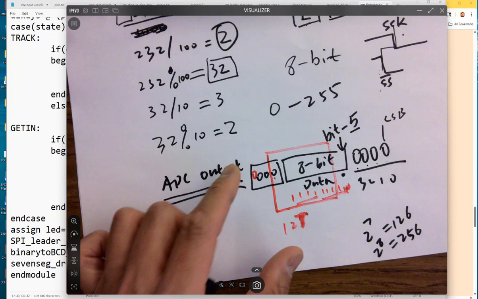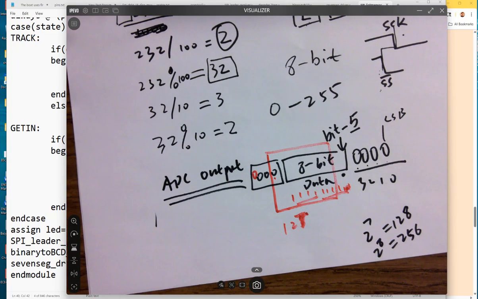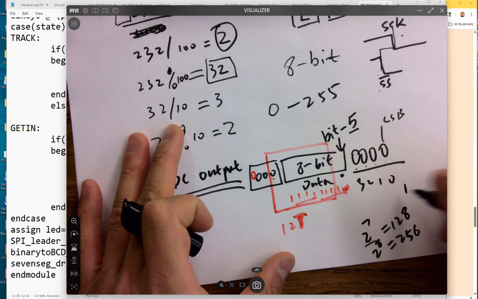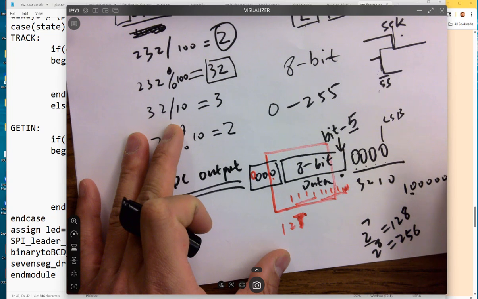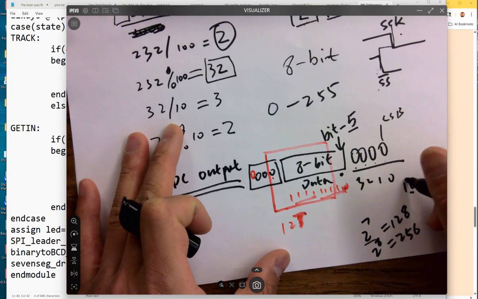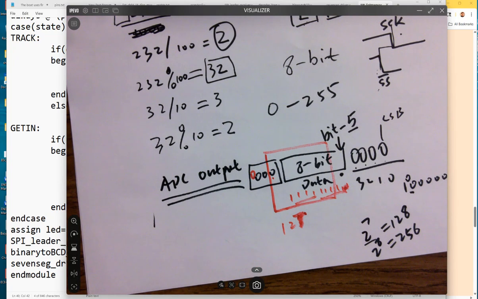So if you have 7 ones, that gives you 127. Yeah, because this guy is a 7th, and you have 7 zeros. Yeah, let's try it later and see how that works.